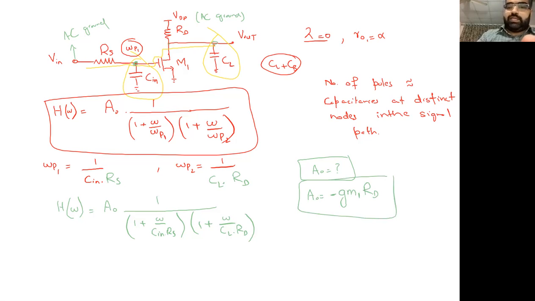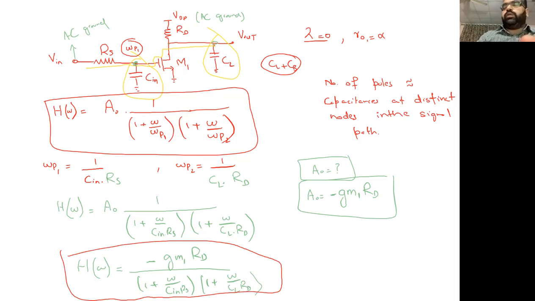So we just plug it this way. But when we're going to talk about magnitude, it's not going to do anything. It's going to come only in the phase. So we can write minus gm1 RD divided by 1 plus omega C in RS times 1 plus omega CL RD. So this is the overall frequency response.